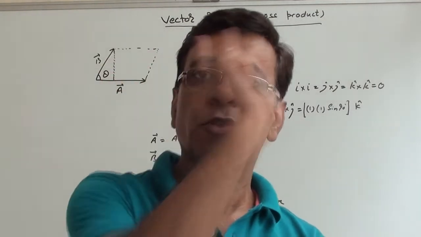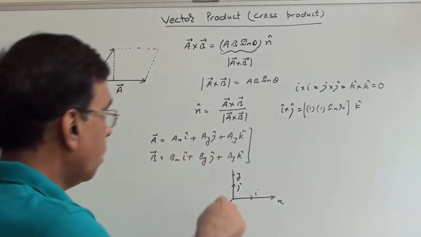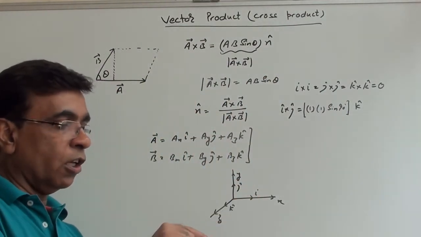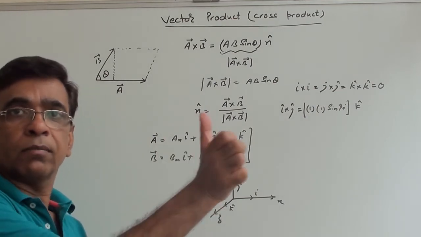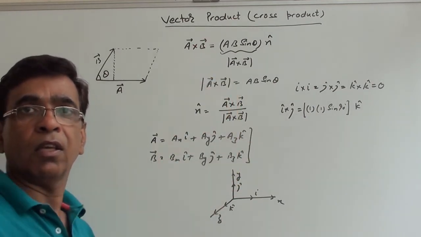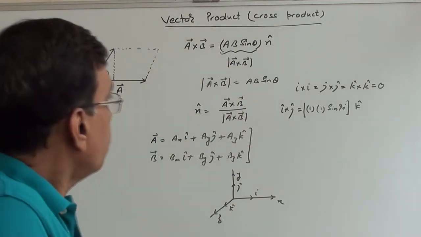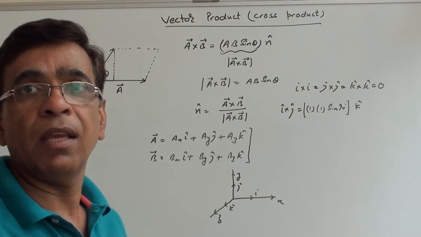Turn your fingers from the first to the second vector, that's it. For K cross I, K is this, I is this; you have to keep the tails together. This is K cross I. Okay. Now, I cross J becomes K.